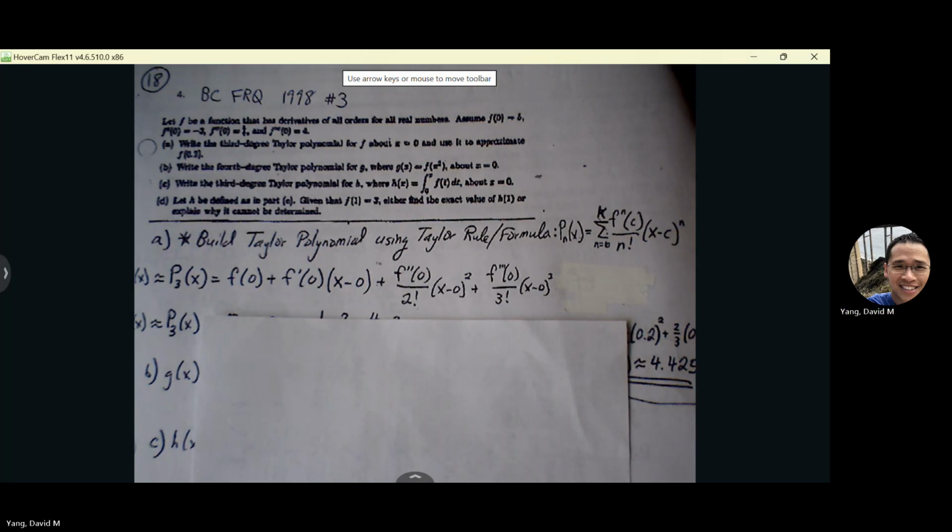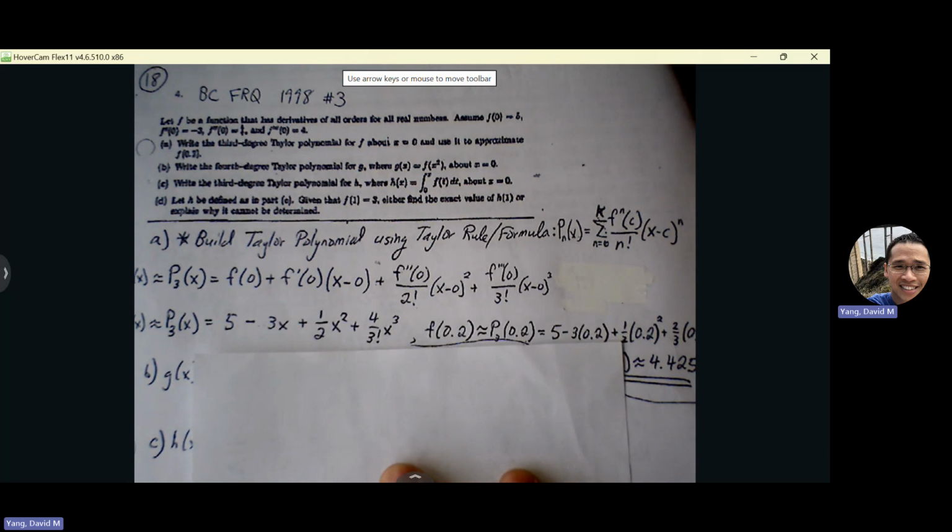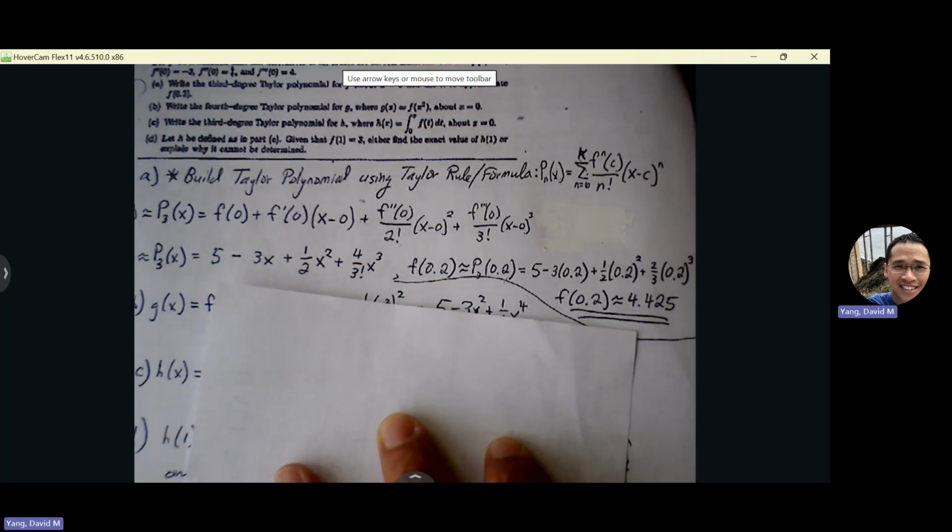Two six. There's my setup for my polynomial to replace all those values with numeric information given to us, and then we can use that to find our approximation.